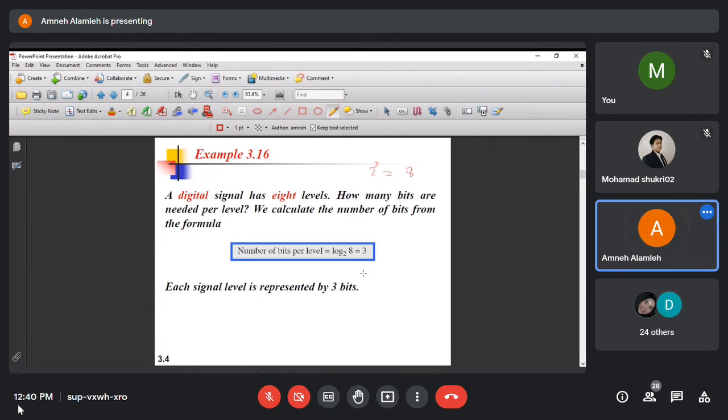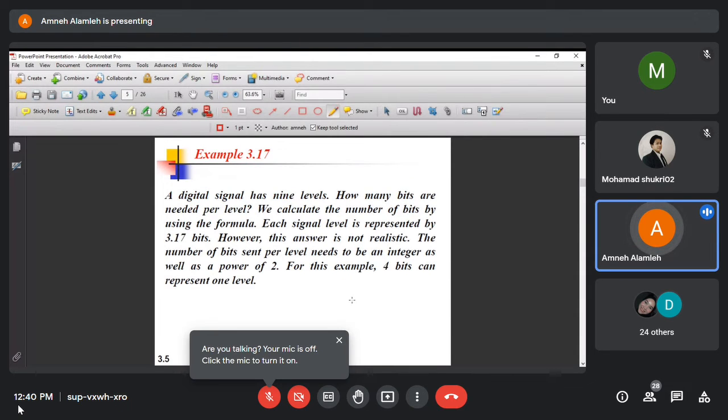So, if we have 8 levels, then we can transmit 3 bits per level. Each signal level is represented by 3 bits.